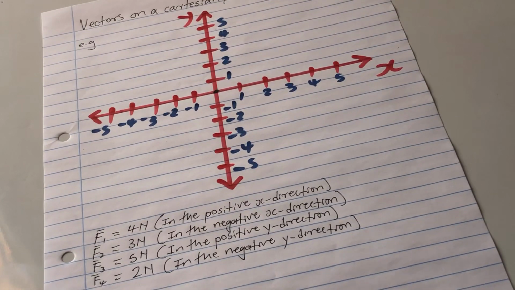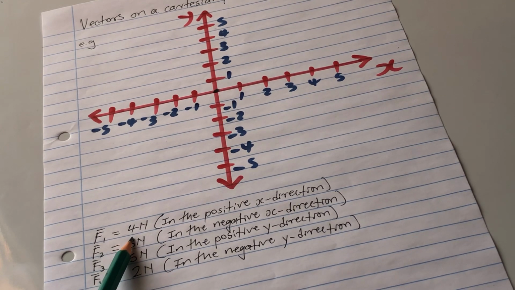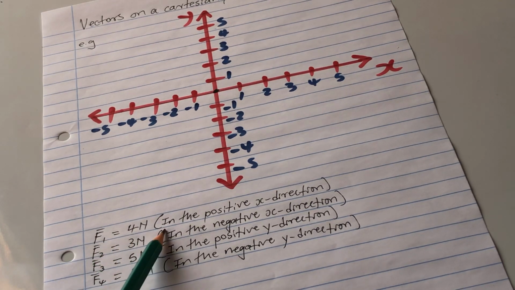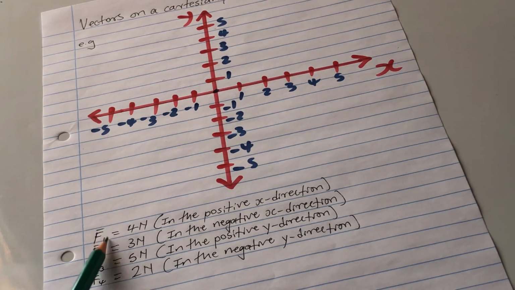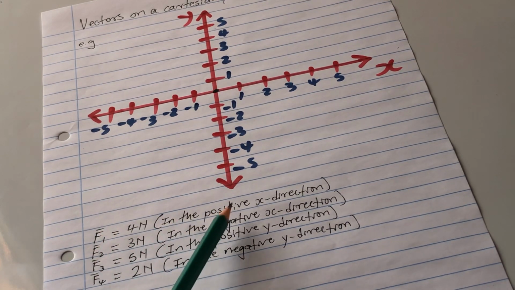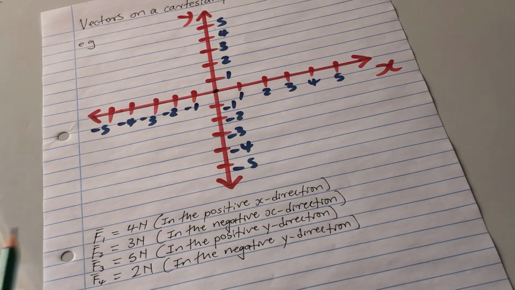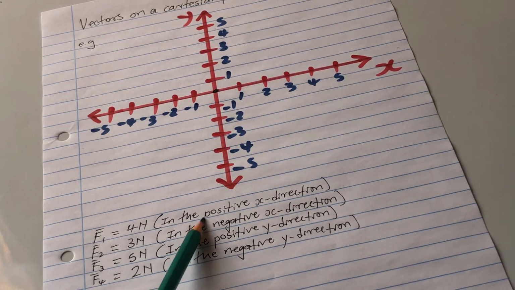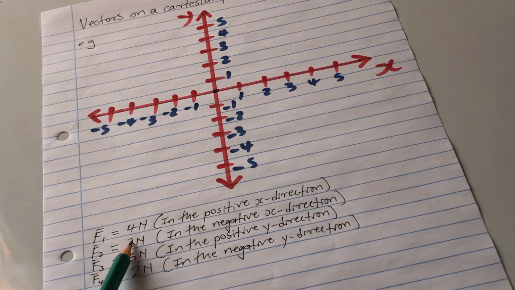You can see that F1 is 4 Newton. We are given the size or the magnitude of F1, and we are also given the direction. They are saying this F1 is in the positive x direction. We're given F2, F3, F4, and their magnitudes, and we're also given the direction.